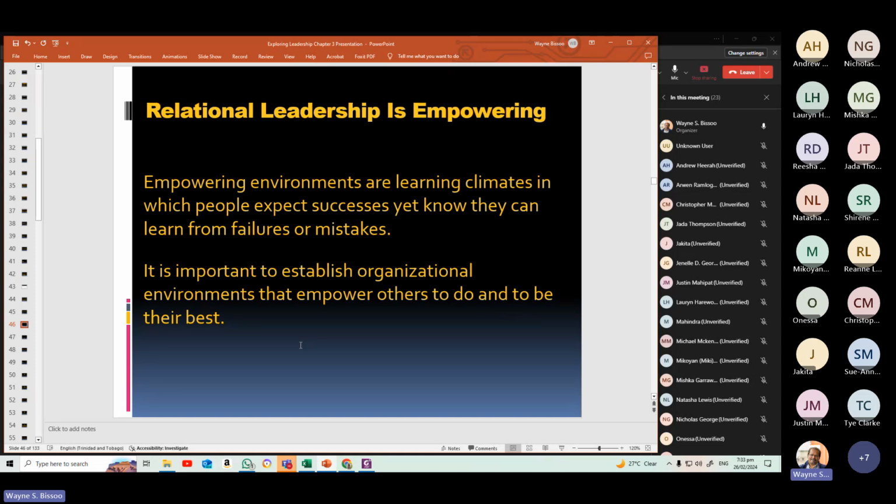Empowering environments are learning environments, which means that as leaders we will accept that, in the process of empowering other people, we're giving them the opportunities to take chances and to learn from mistakes.